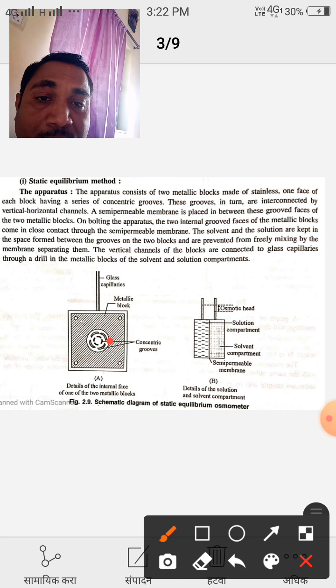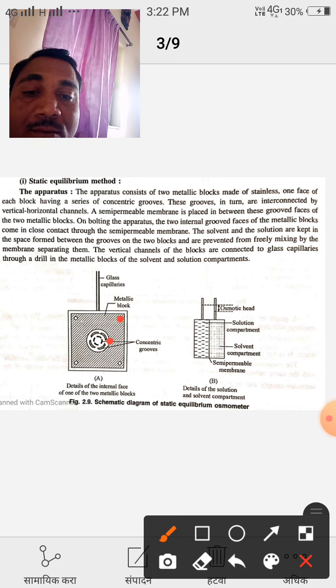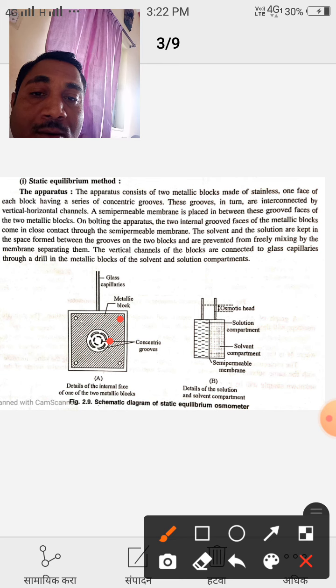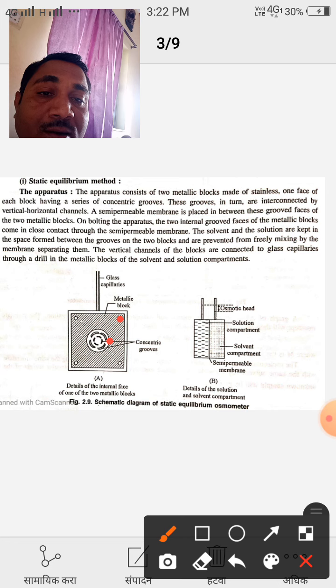The semi-permeable membrane is placed between these grooved faces of the two metallic blocks. On bolting the apparatus, the two internal grooved faces of the metallic blocks come in close contact through the semi-permeable membrane.